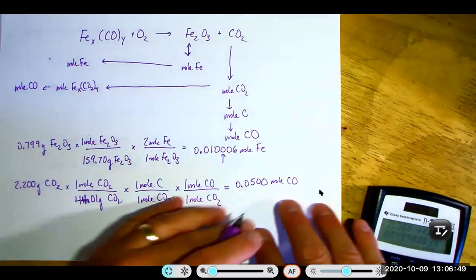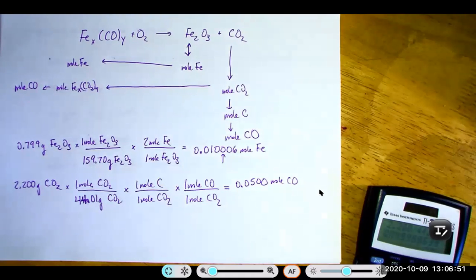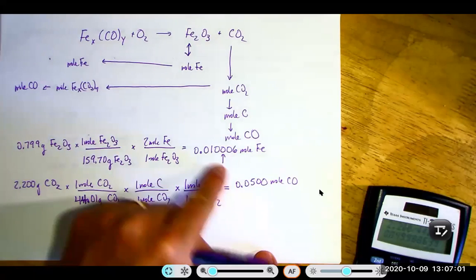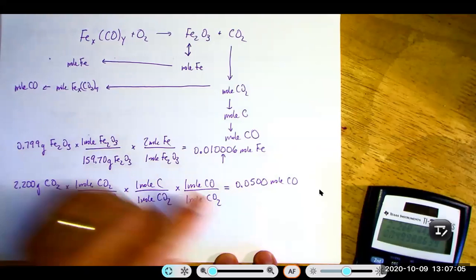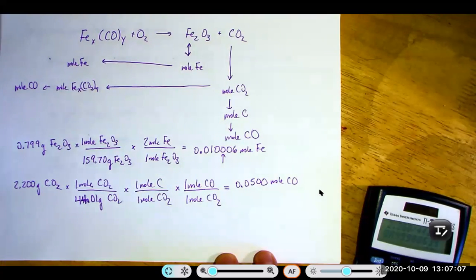So when we get the ratio, which one are we going to put on the bottom, the iron or the carbon monoxide? Which number is smaller, top or bottom? Would the iron go on the bottom? Yes, because it's smaller.